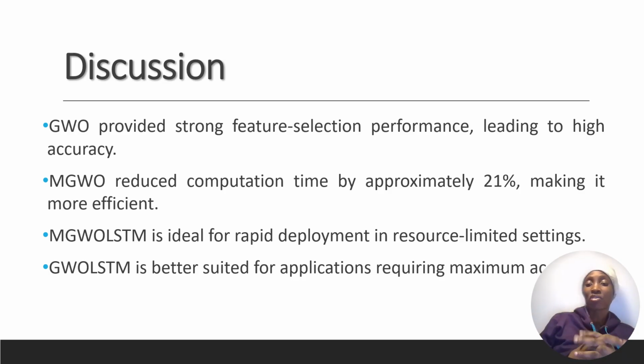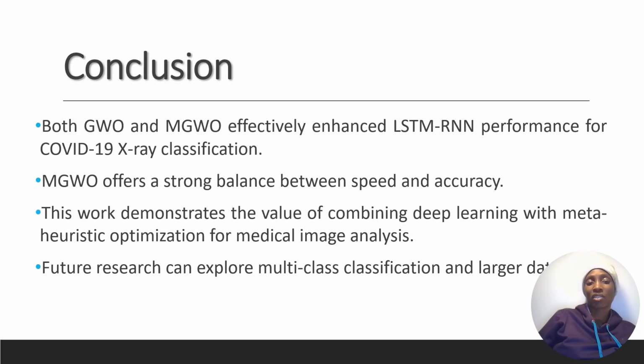The standard Grey Wolf optimization LSTM is better suited for applications requiring maximum accuracy. So we trade off high accuracy for a faster model, which is the modified Grey Wolf optimization LSTM.